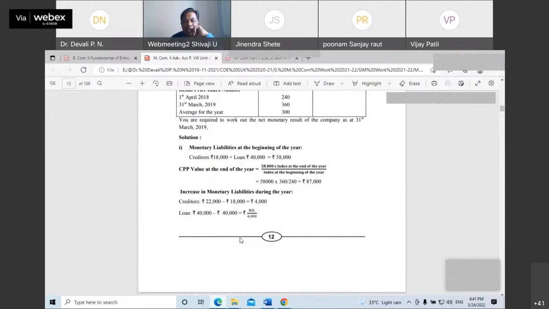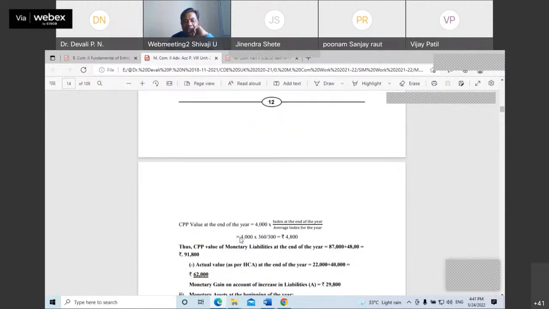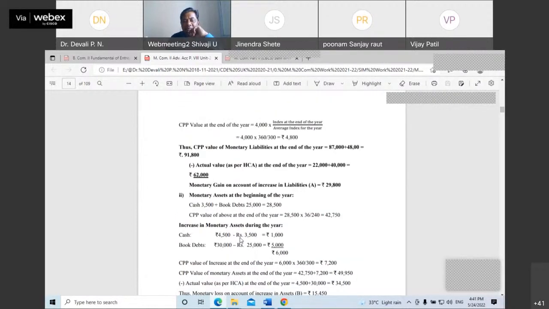And when you look at some of the examples related to the CPP, these are the small parts you have to determine while preparing a restatement of the financial statement, we can say the balance sheet or the profit and loss account.